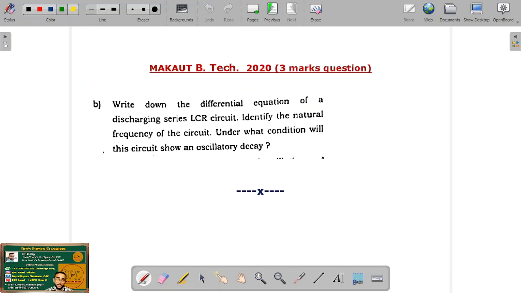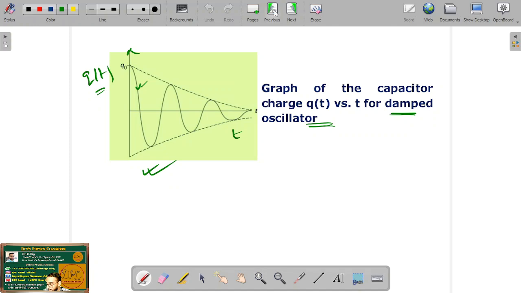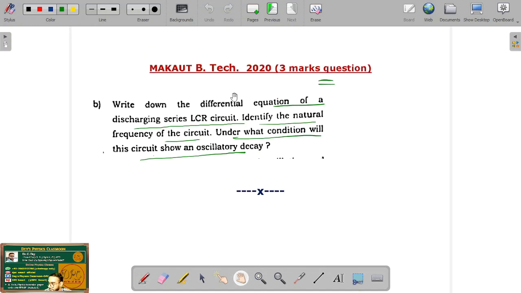In 2020 MAKAUT BTech physics question paper, a 3 marks question came: write down the differential equation of a discharging series LCR circuit, identify the natural frequency of the circuit, under what condition will this circuit show oscillatory decay. So, all these answers I have discussed in this part. It says write down the differential equation of a discharging series LCR circuit.